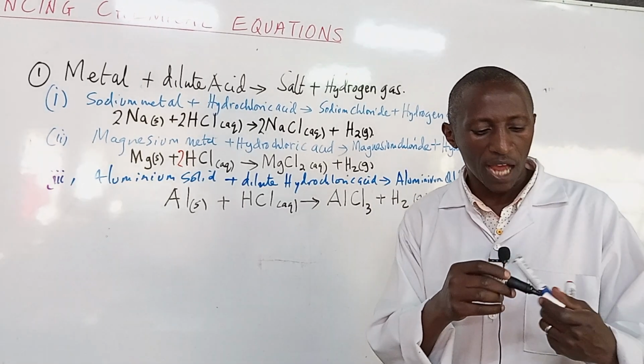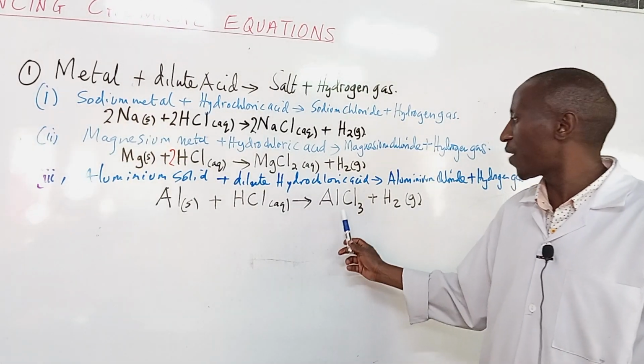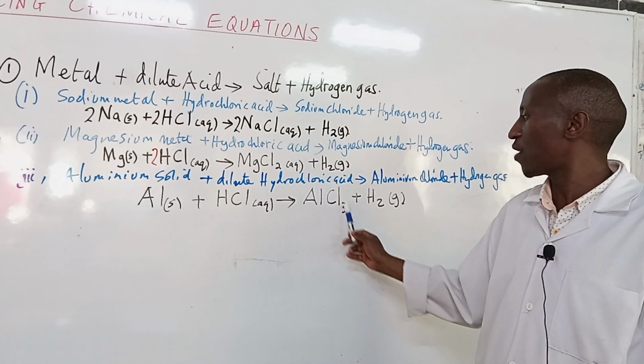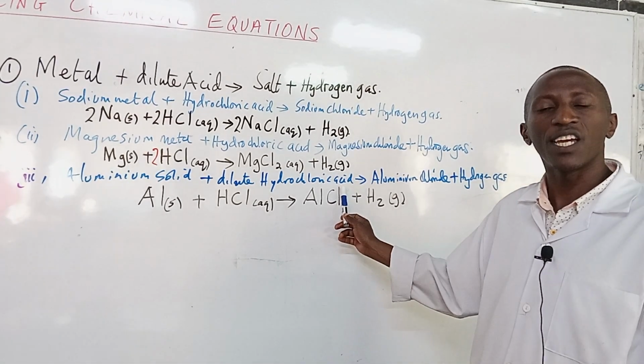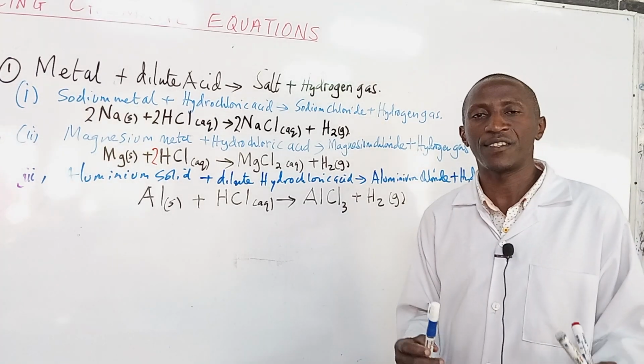Now, viewers, as we had hinted earlier, the knowledge of valencies. You find that the valency of aluminium is 3. So we bring down this 3. The valency of chlorine is 1. So we bring that 1 here. Now let's come to the balancing.